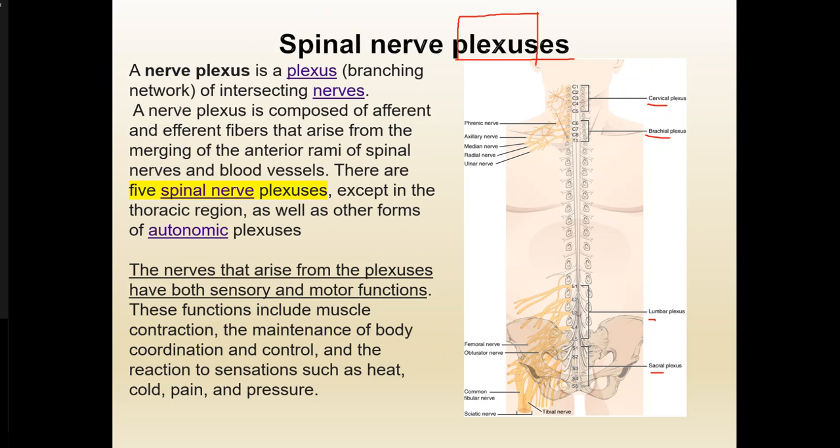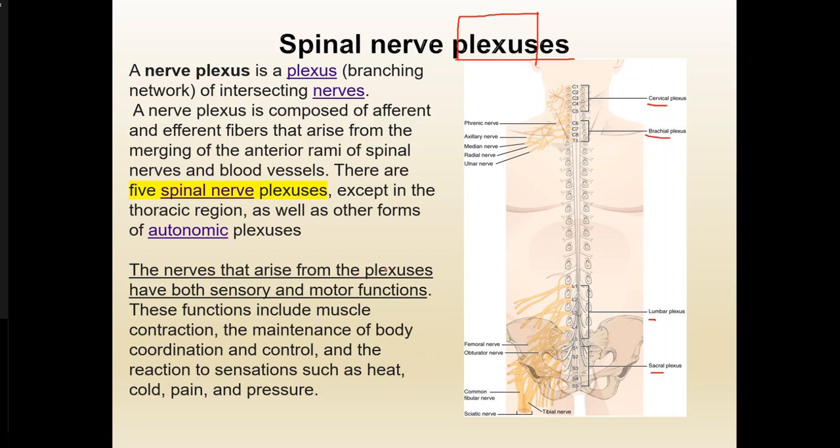Again, this is just a network of nerves that all communicate with one another. In general, a nerve plexus is composed of afferent and efferent fibers, so sensory and motor, and which arise from the merging of the anterior rami of the spinal nerves and blood vessels as well.